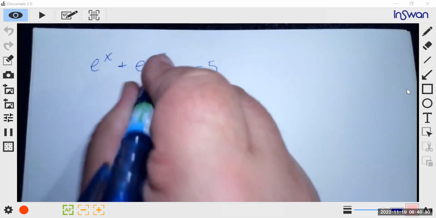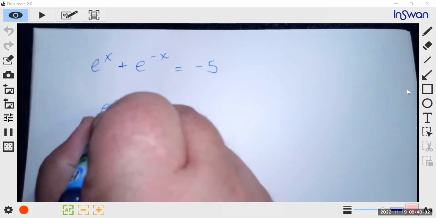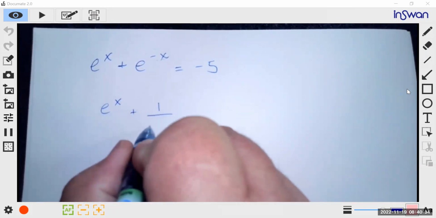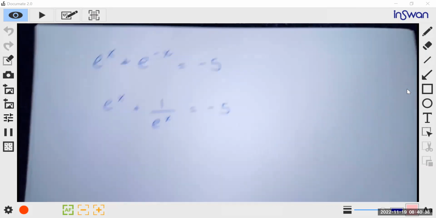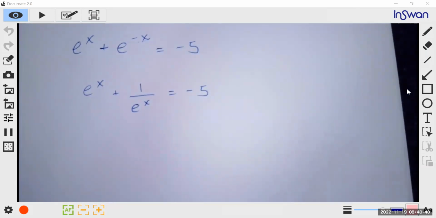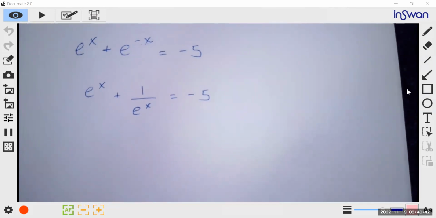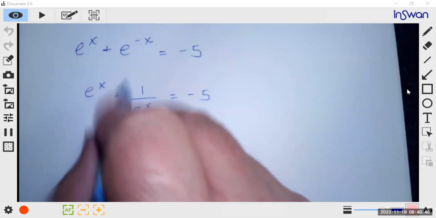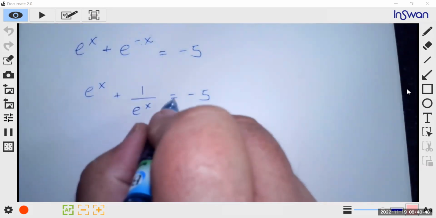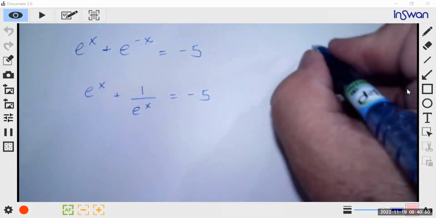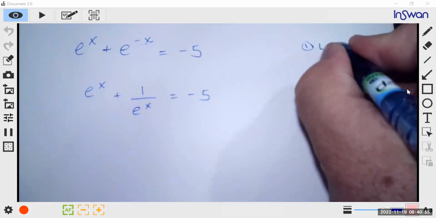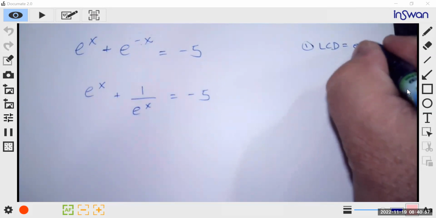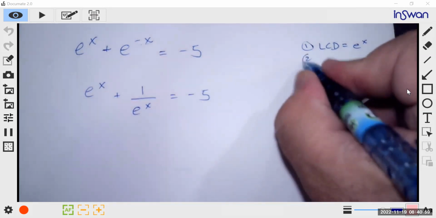First off, what does a negative exponent look like? It looks like this. Whenever we have fractions and an equal sign, find the LCD, which is e to the power x.